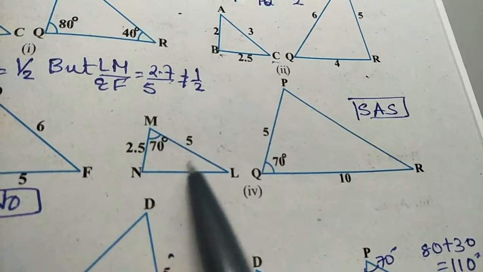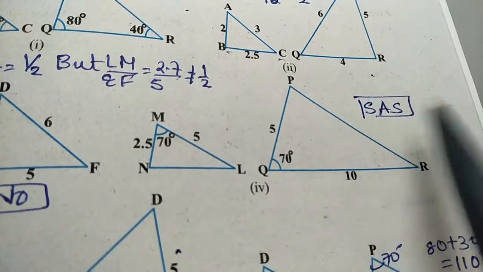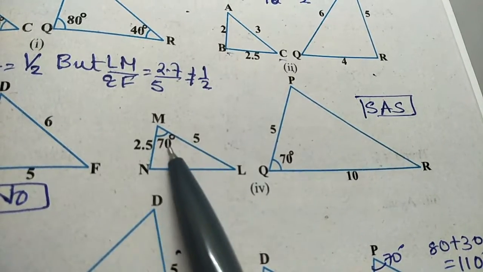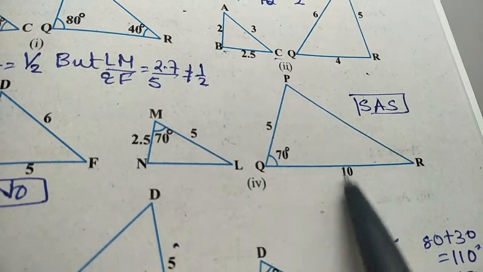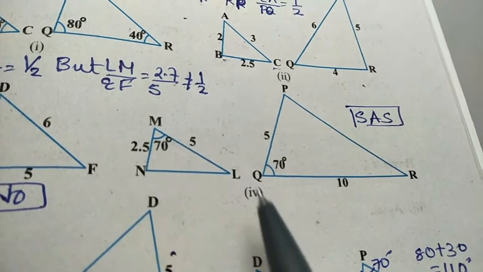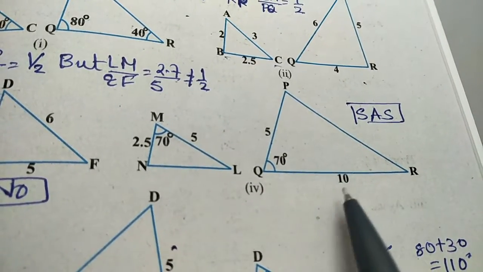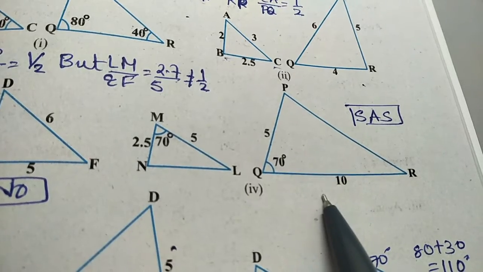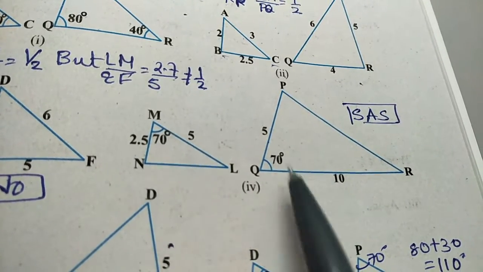Now here you have got the similarity condition SAS, because it's two sides and an angle. So 2.5 upon 5 and 5 upon 10 will give you the same ratio, and the 70 is an included angle. So SAS.